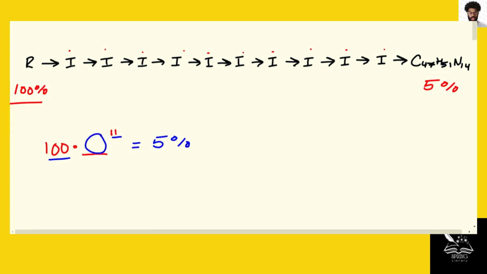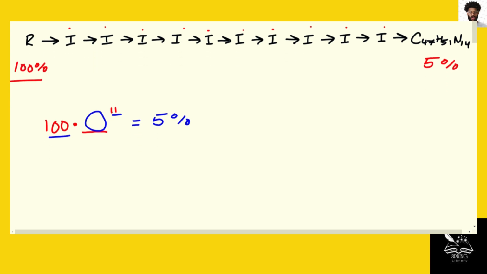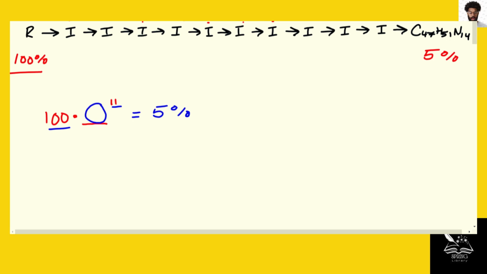So how can we calculate this number right here? This is going to require a little bit of fancy math. We can divide both sides by 100 and we get that x, I'm going to denote this value as x, to the 11th power, is equal to 5 over 100, which is equal to 0.05.